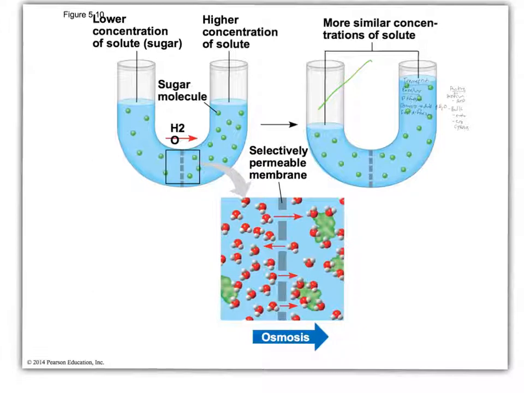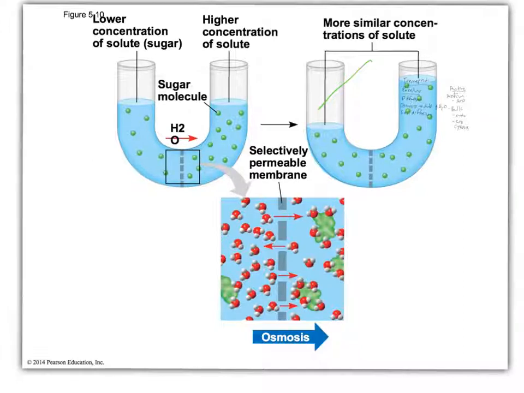Opposite to that, if there's a high amount of water, how much solute is there? Low, right? Less. If there's a low amount of water, there's higher amount of solute. If you like to think about the movement of water based upon the amount of solute, by all means go for it. I do not want to confuse anybody more than you may already be confused. I like to clarify it by, if you know where there's a high or low amount of water, you can follow where water is going to go.